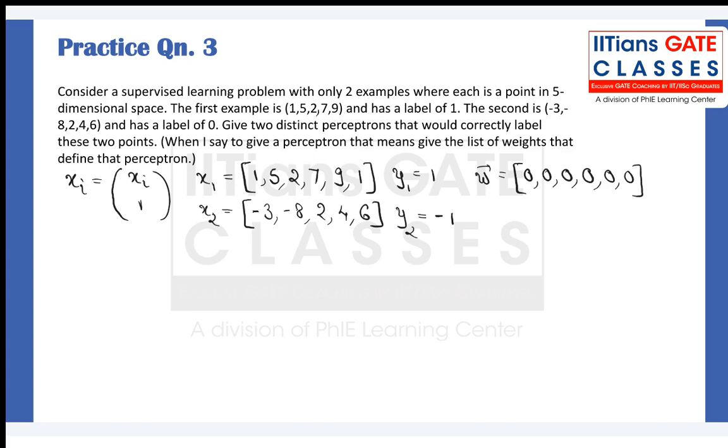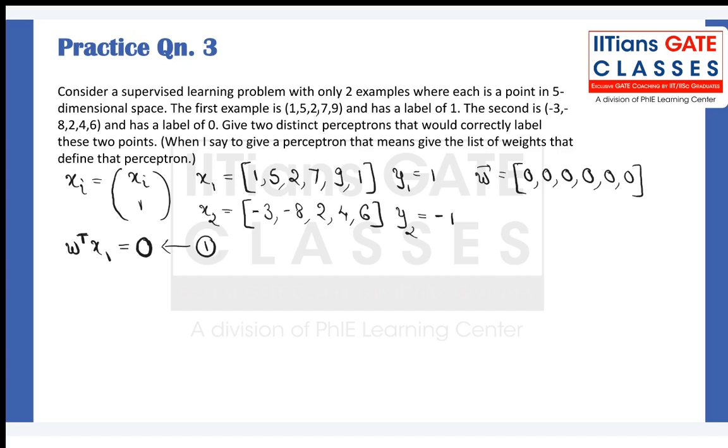So first you try to calculate W transpose X1. You will see it is 0. If you take the dot product of W with X1, you get 0, and your output should have been 1, correct? It's a misclassification.